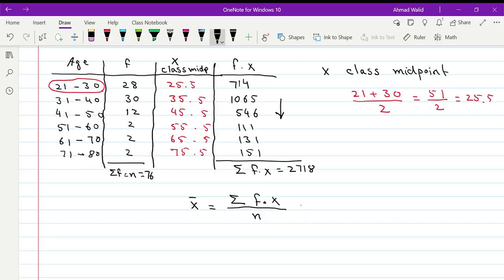Correct? You already calculated the sum of f times x, 2718 over N. You already calculated your N is 76. If you divide these two numbers, you will end up with 35.76, which is the mean of this frequency distribution.